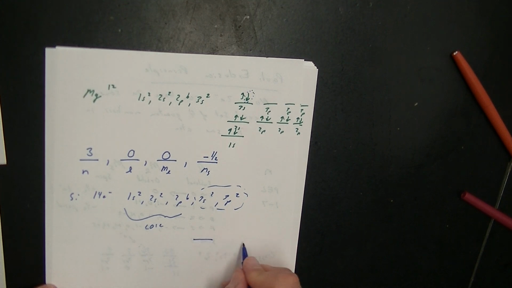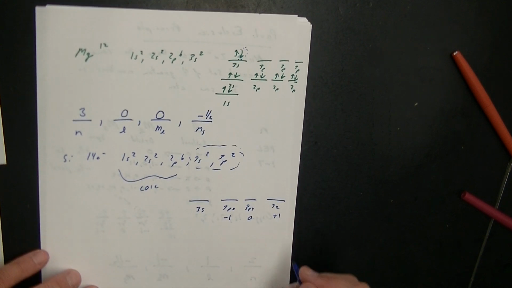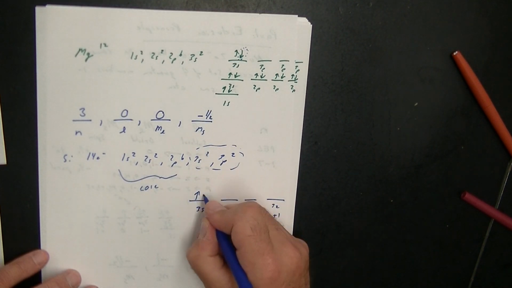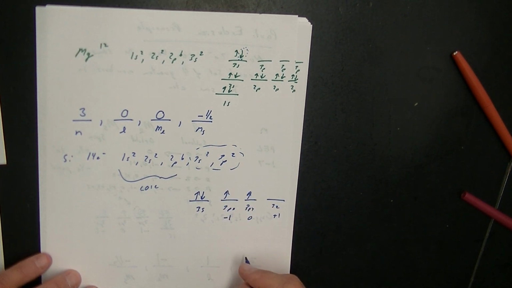Well, not really. I just need to know this is my 3s, my 3px, 3py, 3pz. And remember, this would be -1, 0, +1. So I would have an up and a down, and I would have an up and an up.